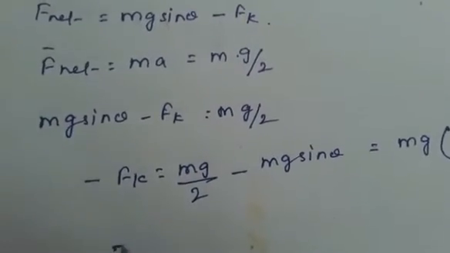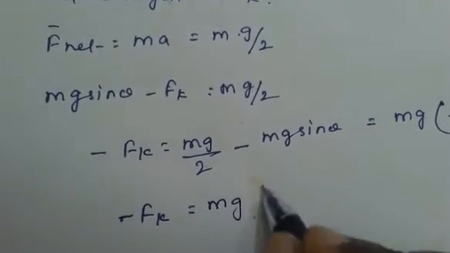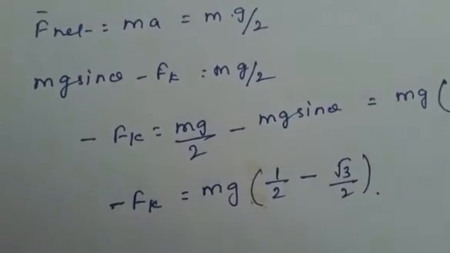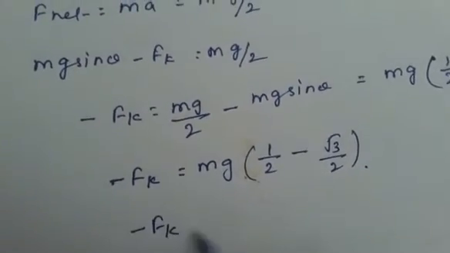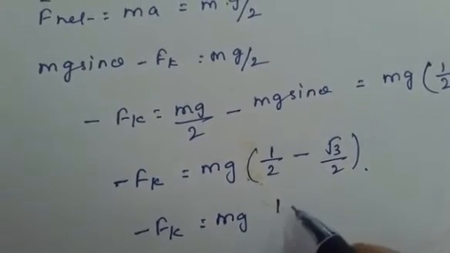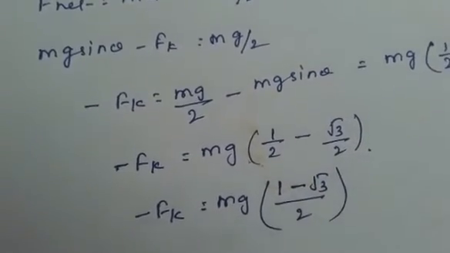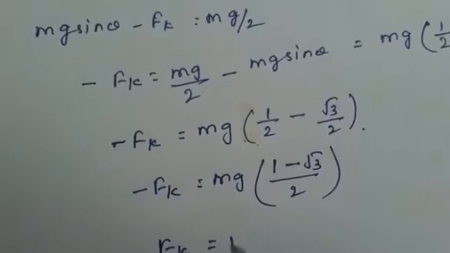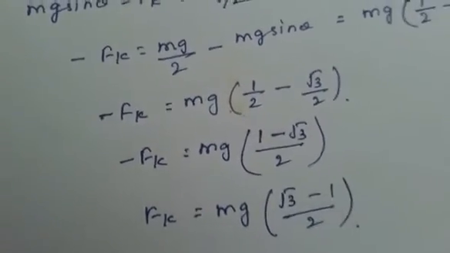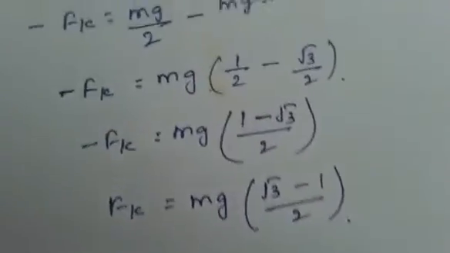So, Fk is equal to mg into 1 by 2 minus root 3 by 2, which is mg into 1 minus root 3 by 2. If you multiply by the minus sign, Fk is equal to mg into root 3 minus 1 by 2. Now, this is the frictional force.